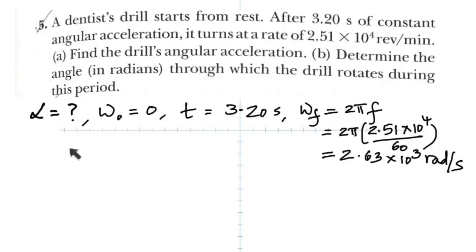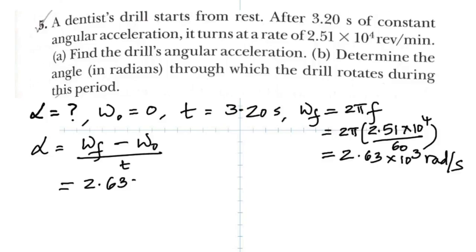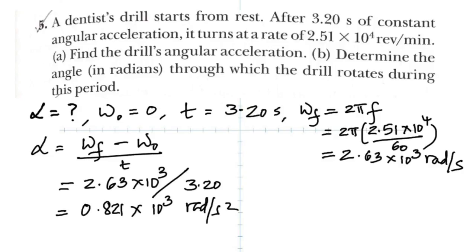So now when you look at these terms, the equation that is to be used is obviously the difference in angular velocities divided by the time. Which gives 821 radians per second squared.